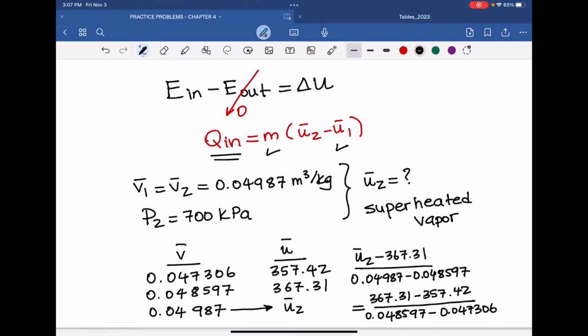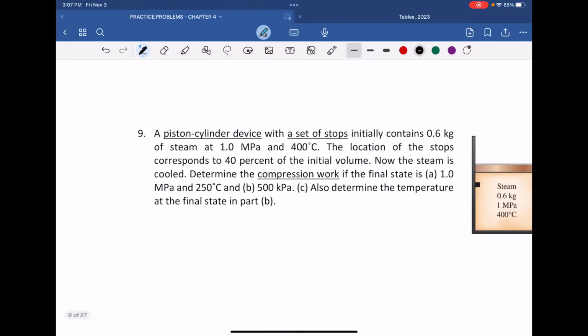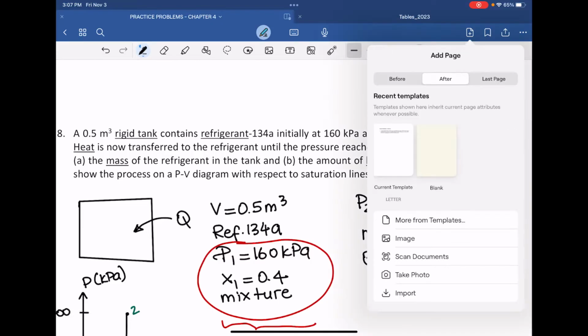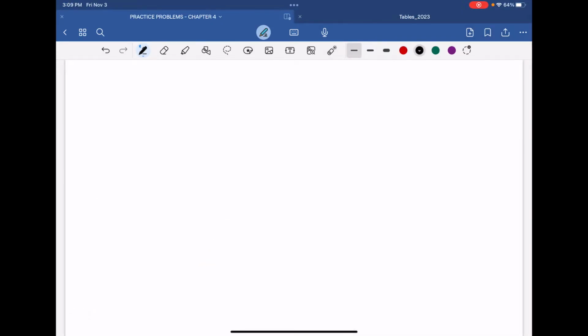You need to solve this part and then it should give you, okay, let's add a page. Okay, so we find U2 to be this value. And now from the energy balance, we can calculate the heat interaction.